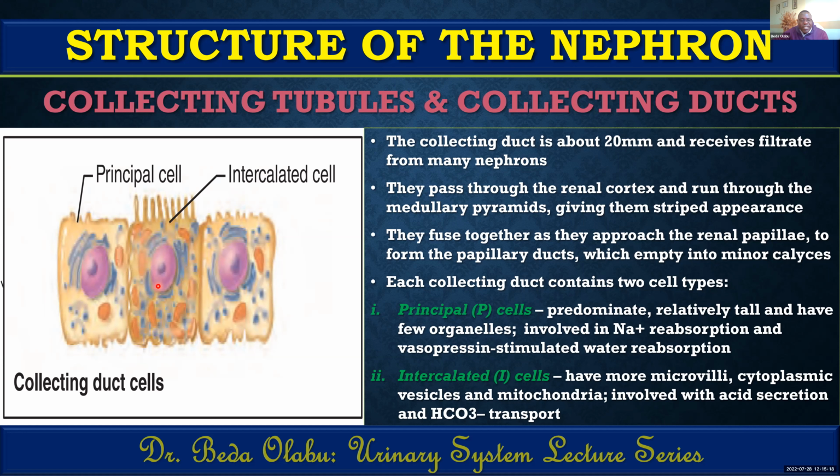These particular cells are the ones involved in acid-base homeostasis. So they basically secrete acid, and they're also important in bicarbonate reabsorption. So remember, the principal cells are involved in fluid and electrolyte homeostasis, while the intercalated cells are involved in acid-base homeostasis.